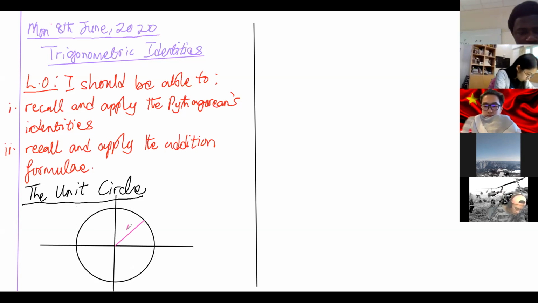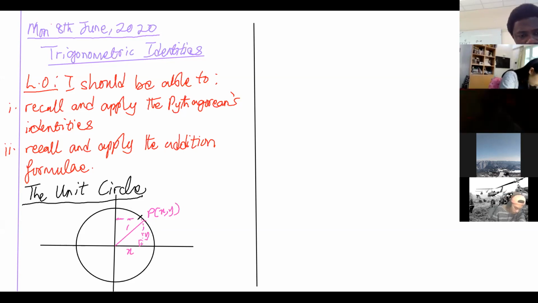Now, you will notice that this point P with coordinate XY implies that it is X units away from the origin on the X-axis. And on the Y-axis, if you look at the perpendicular here, that is the Y coordinate of that point P, okay?